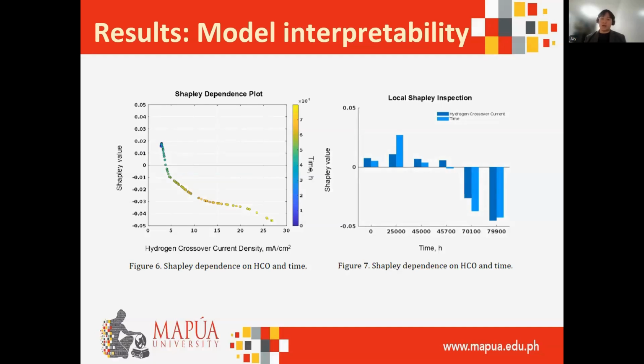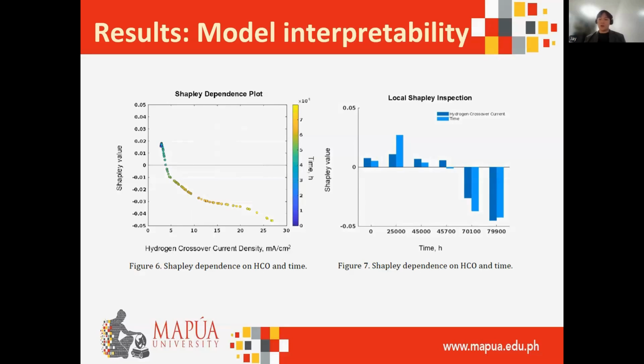Local Shapley analysis in figure 7 provides case-specific insights. At 0 hours, both predictors have negligible influence. At midlife, around 25,000 to 45,000 hours, time begins to impose a negative effect, while hydrogen crossover remains relatively minor. And in the late stage, beyond 70,000 hours, both factors contribute strongly to voltage loss, with hydrogen crossover emerging as the dominant driver.